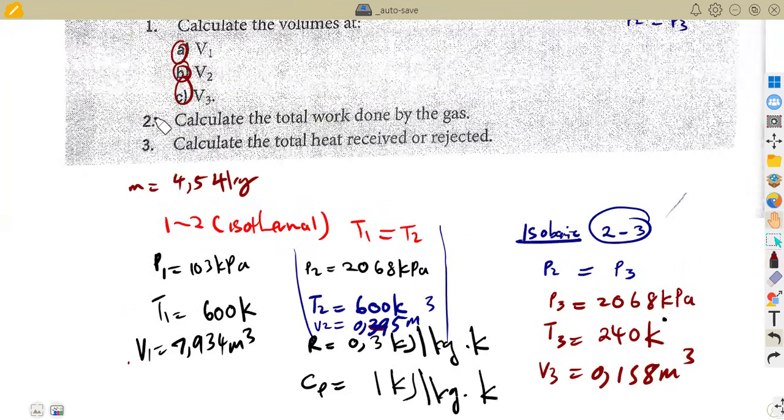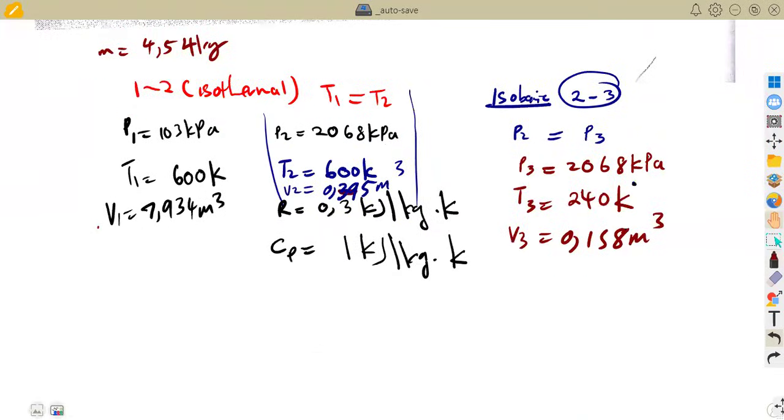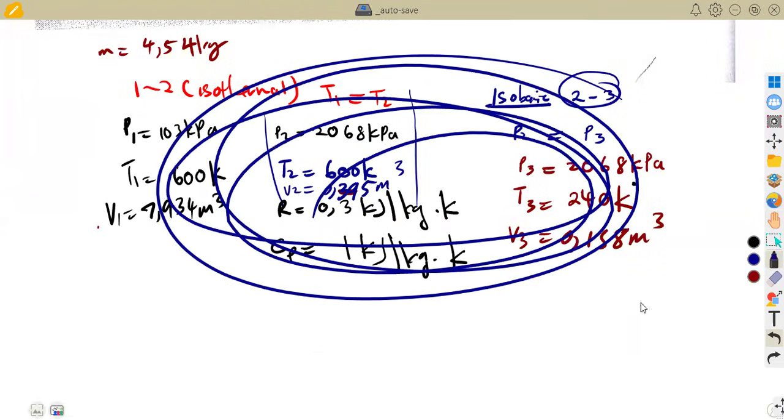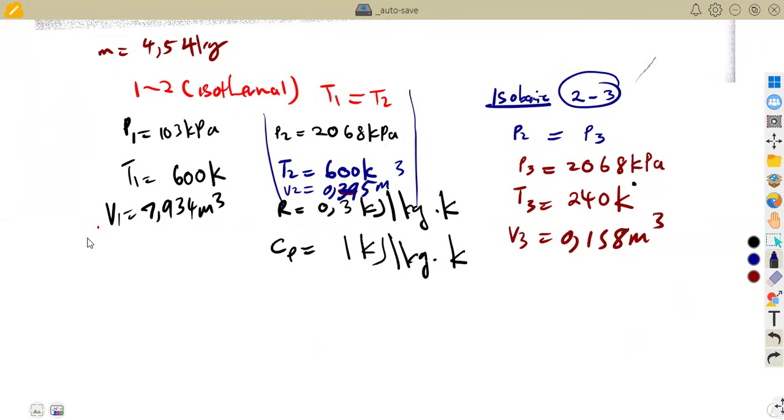So the question is to calculate the total work done of the whole process that we had combined together. Whether it was one process and another process, this is how you answer this question. You combine them.